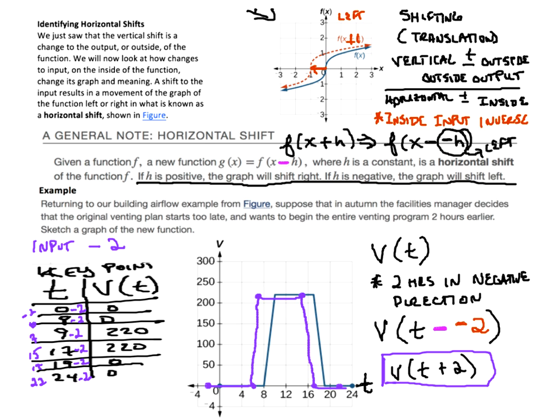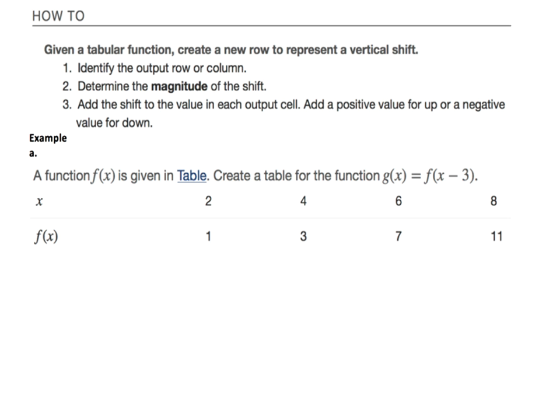I don't see her typing the question, so I'm going to go ahead and go forward. Okay, cool. Thanks, Cyprian. All right, so we can do the same thing in a table just like we did with vertical shifting, except now it's happening on the x value instead of the f of x value. Notice here we have minus showing up just in the position of h, which is 3.